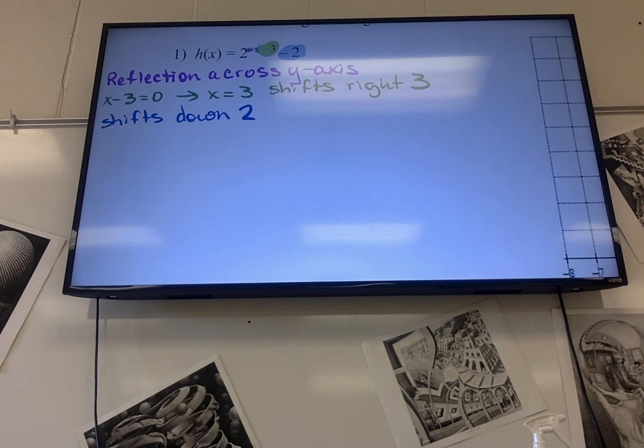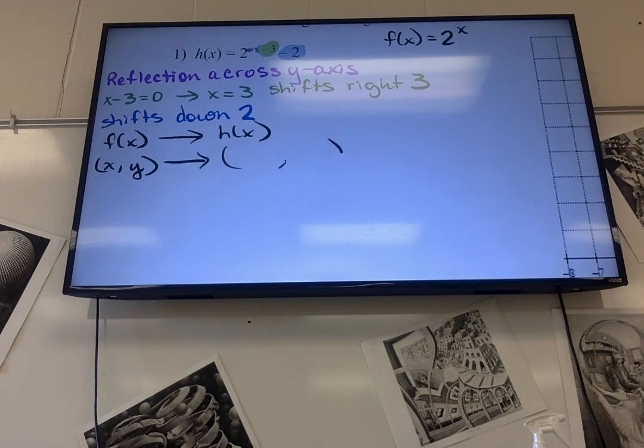So if we started off with f of x, which is 2 to the x, so that's just a regular old x and y, and we're changing it to h of x. Reflection across the y-axis. Which coordinate is that going to change? You can look back at your list.